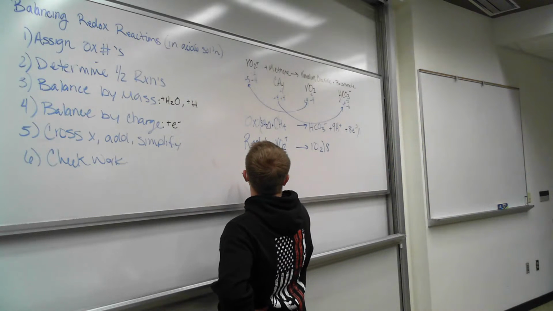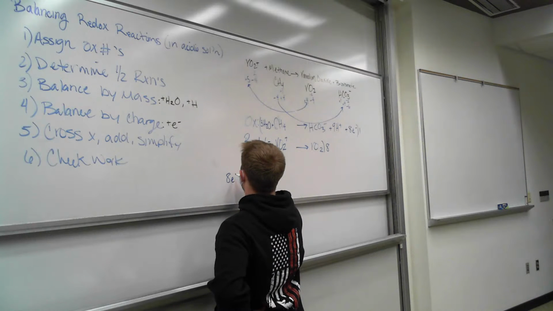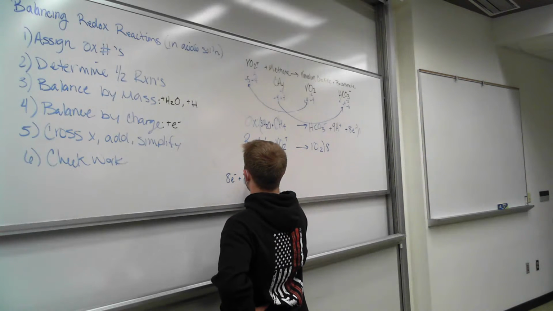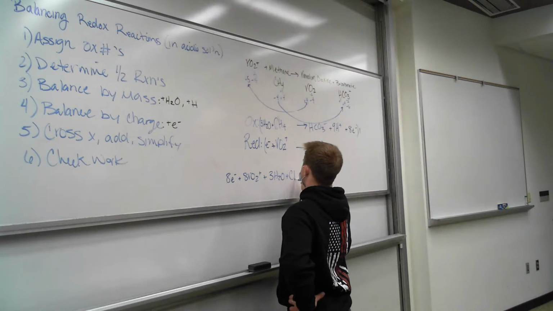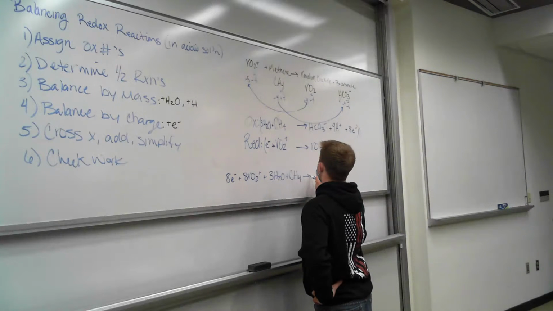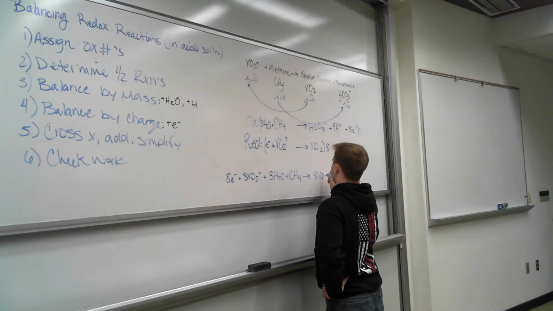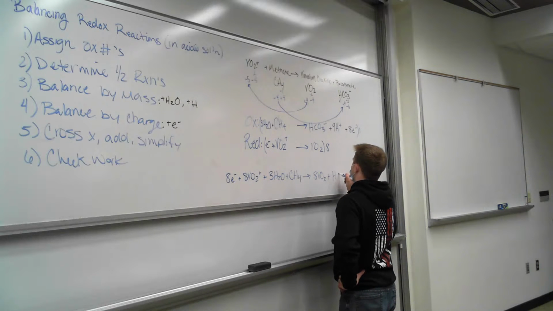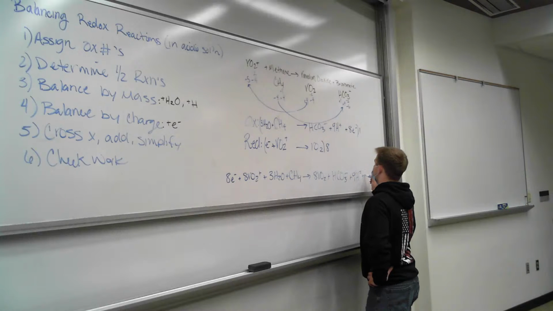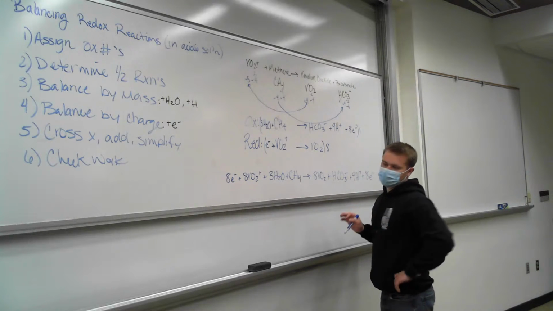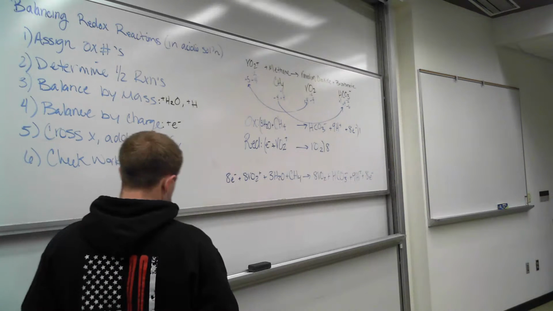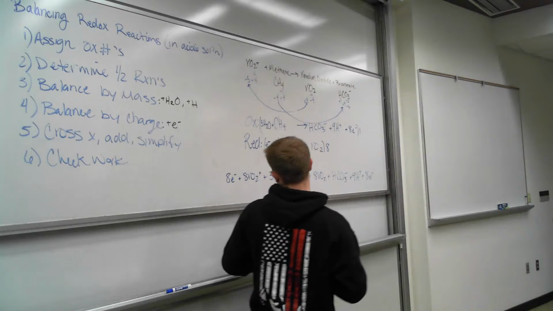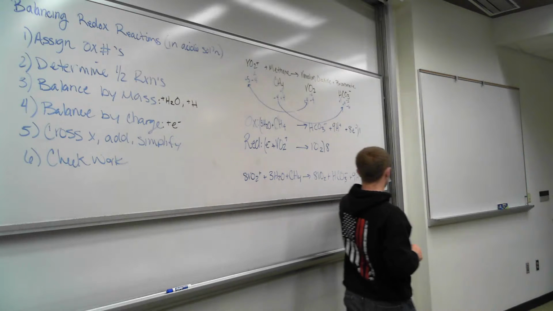So we end up with 8 electrons plus 8 VO2 plus 3 H2O plus CH4 becomes 8 VO2 plus HCO3 minus plus 9 H plus 8 electrons. We know we're doing something right because we have 8 electrons on either side, which means they cancel, so we can cross them out and rewrite it without them.